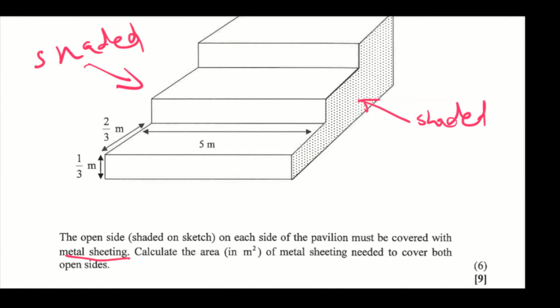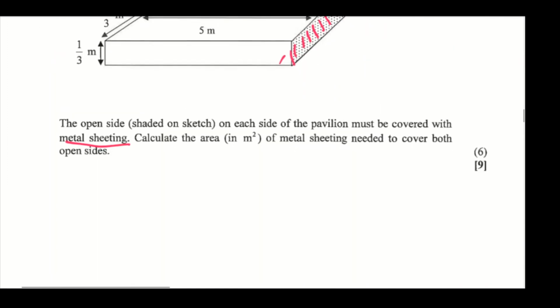Calculate the area of metal sheet needed to cover both sides. So you need to calculate the area of these sides and the other side that is on the left hand side. For us to calculate that, we need to take note of the following, that we are having 12 steps.